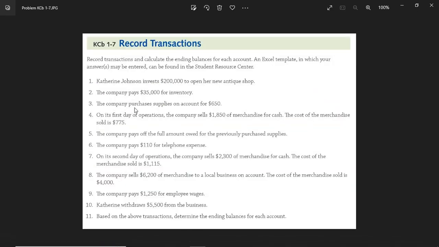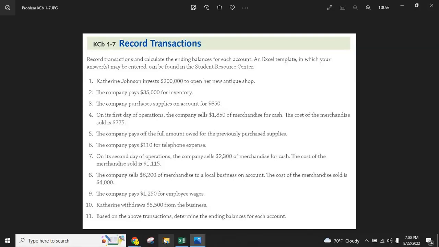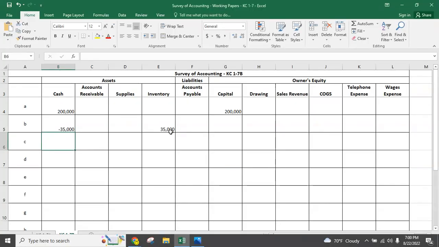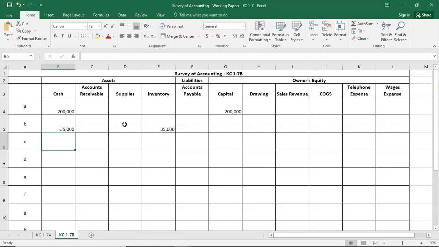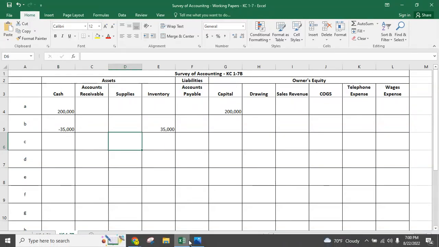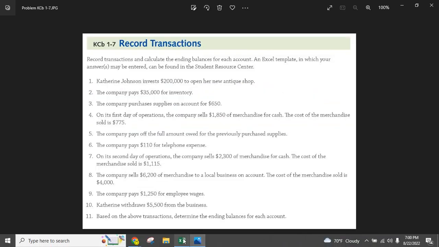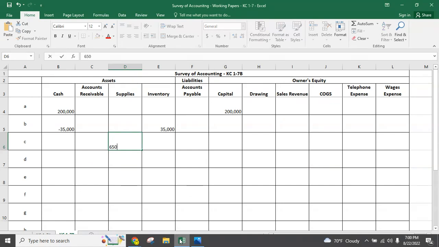Number 3, the company purchases supplies on account for $650. Now, our big words right here say on account. We did not use cash. Okay, we purchased them on account. If we look at our Excel spreadsheet, we see that we have supplies. Okay, I don't know why I can't keep numbers in my head this evening. $650 in supplies.